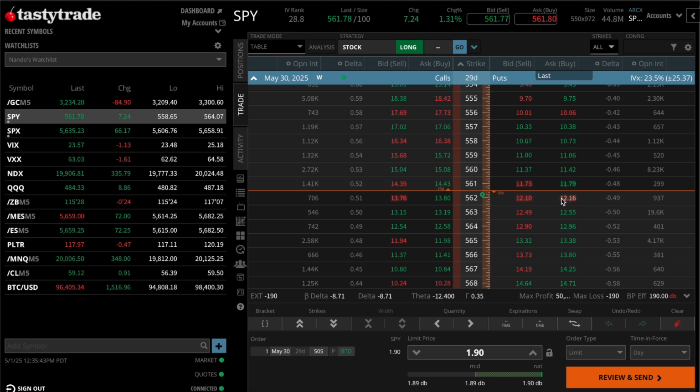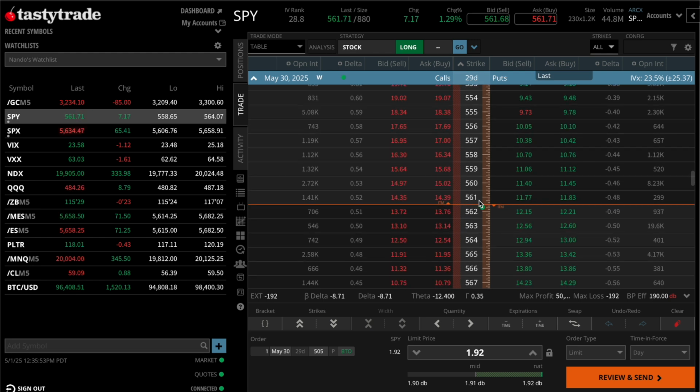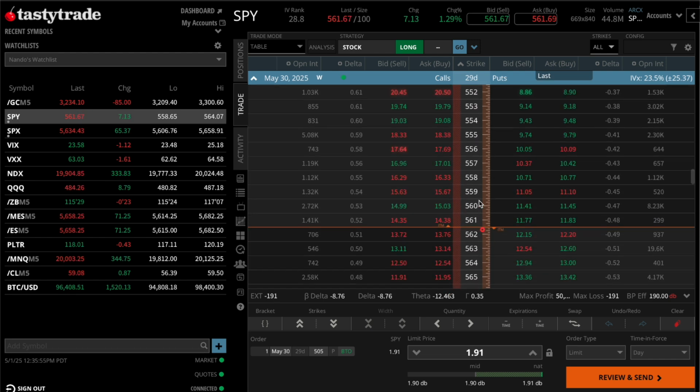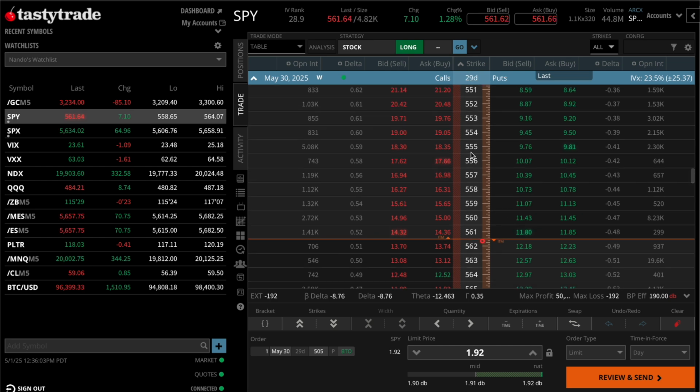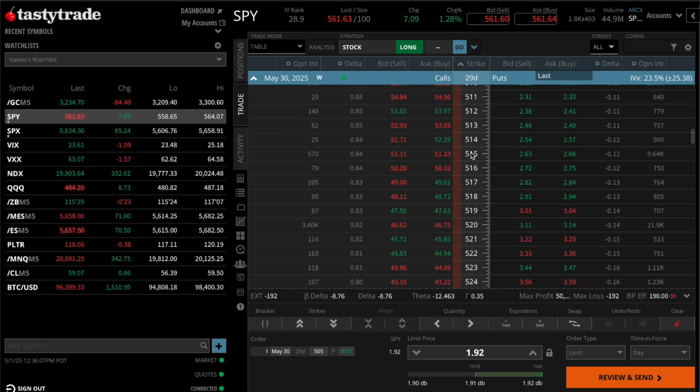If we simulate the passage of time, this will roughly be trading for about $12.20, ceteris paribus, all else being equal, and it cost me $1.90. So I would make $1,000 on this one contract should the market move down 10%.